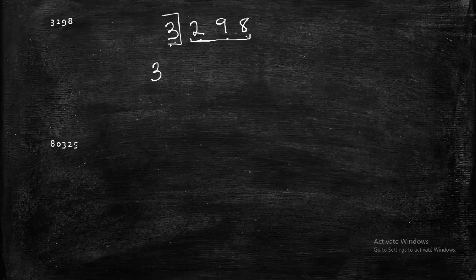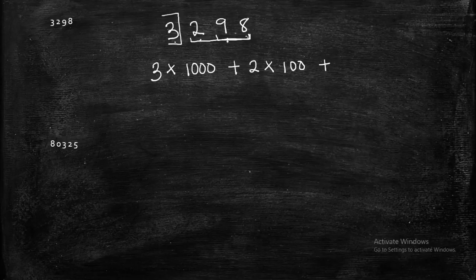So we are going to say this 3 times 3 zeros: 1, 2, 3. So we write 1, then 3 zeros, meaning 1000, right? Then the second one is 2. We are going to write it 2 times, how many numbers do we have on its right? We have 2 numbers on its right, so 2 zeros, then 1. Then we go for the next one, which is 9.